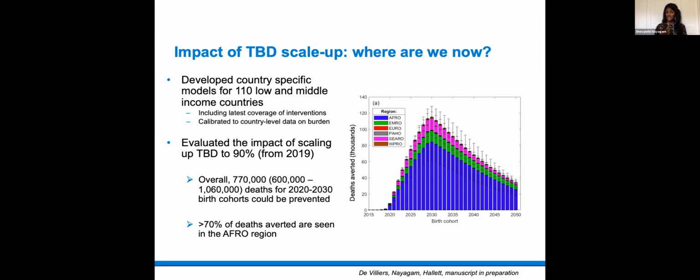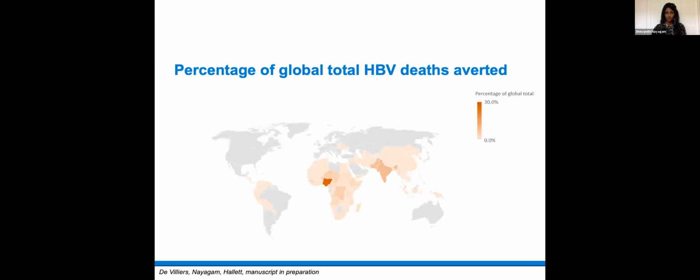And what you can see is the majority of the deaths averted by scaling up hepatitis B birth dose vaccination is in the WHO Afro region. Now this is because the burden is high and the baseline coverage of hepatitis B birth dose is the lowest. And of course, there's also incremental impact, particularly in the Sero and EMRO regions. So really, we can still achieve quite a lot if we scale up timely birth dose now.